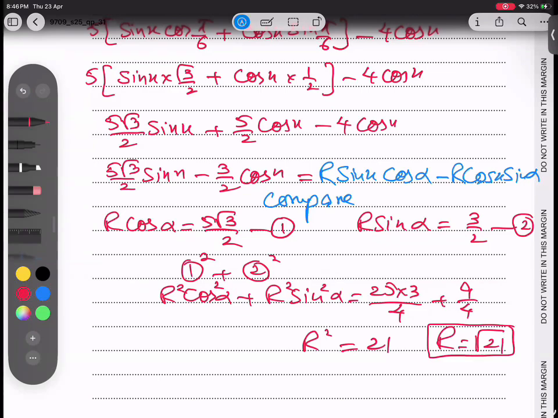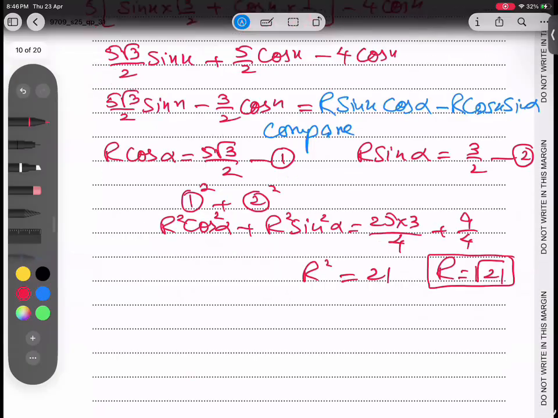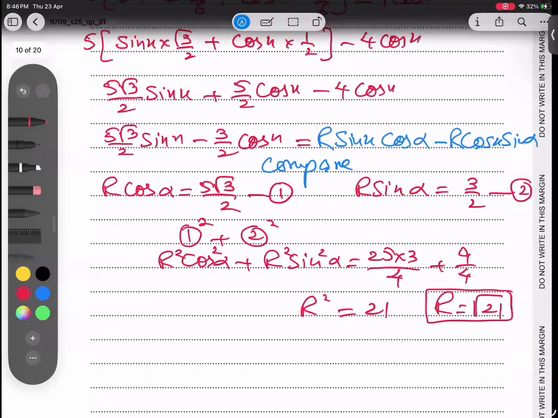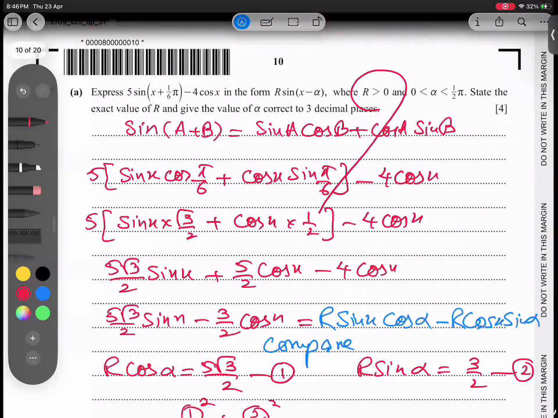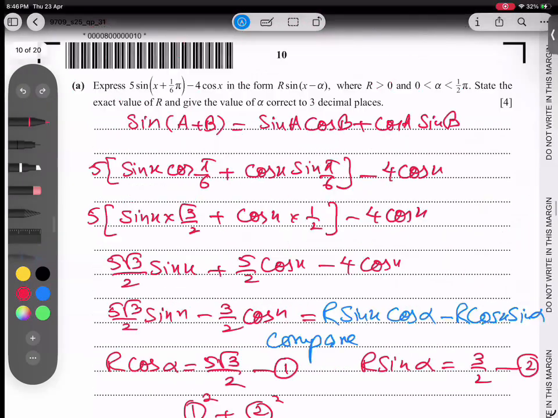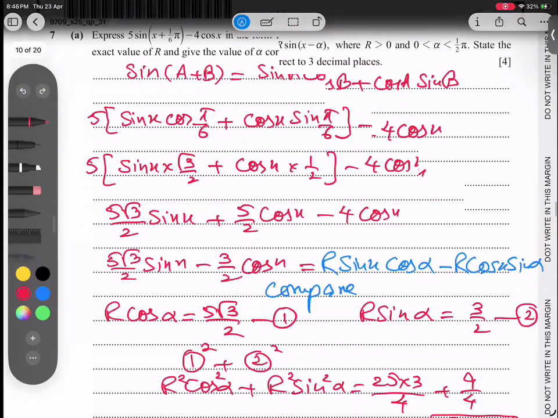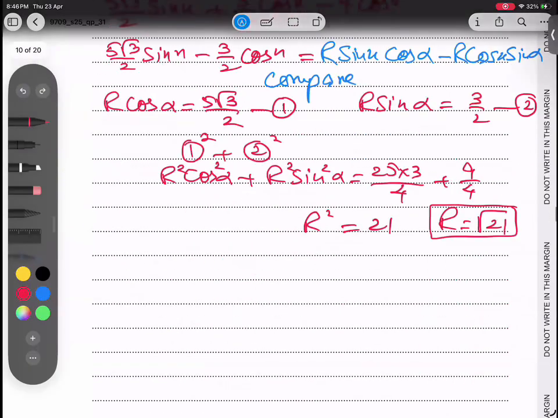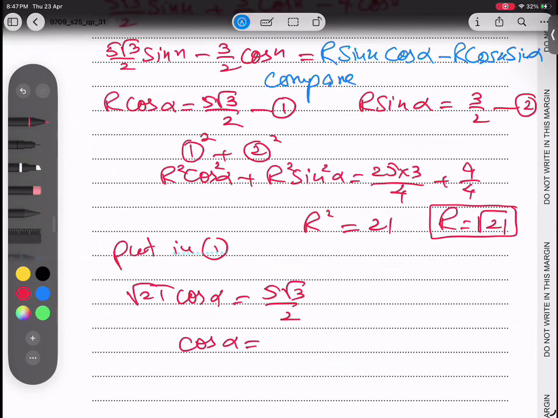So root 21. After this, we look for alpha. r is positive, that is why I took positive only. And in the first quadrant I have to look for alpha, and he said alpha to 3 dp. 3 dp means I can plug in here or here. So I put in root 21 into cos alpha is 5 root 3 over 2. So cos alpha is 5 root 3 over 2 root 21.